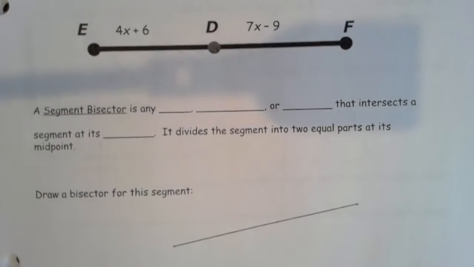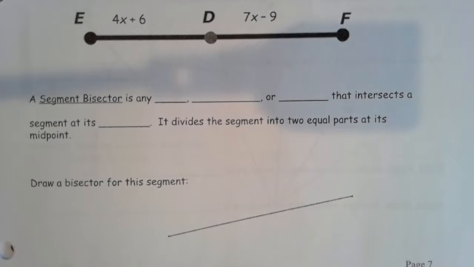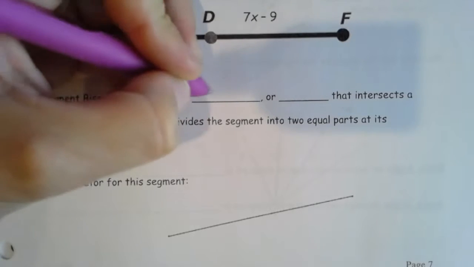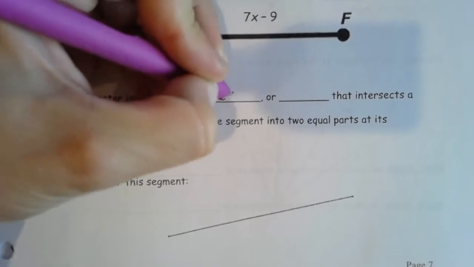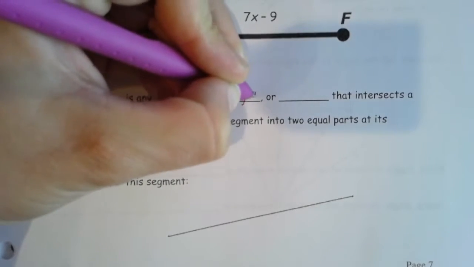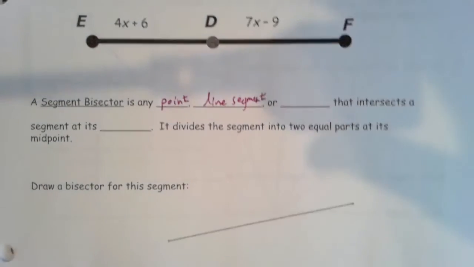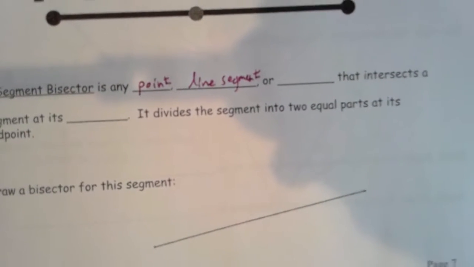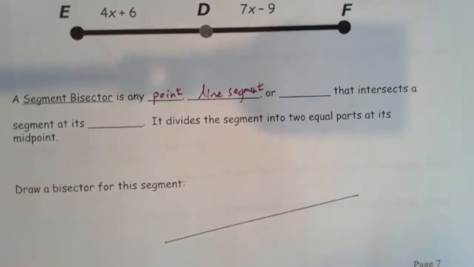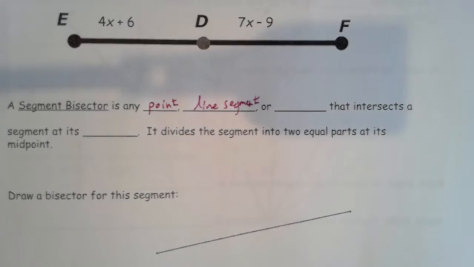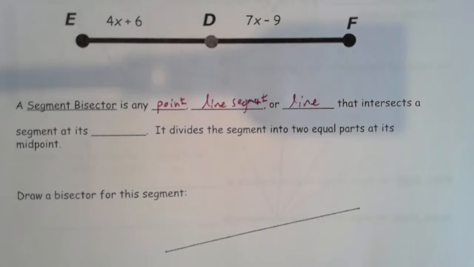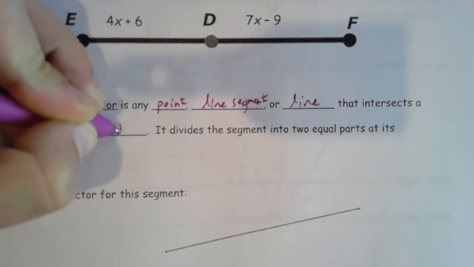All right. A segment bisector is any point, line segment, or line that intersects a segment at its midpoint.